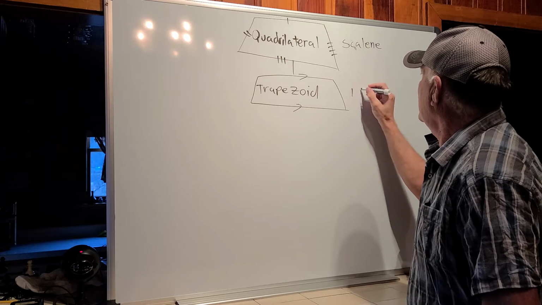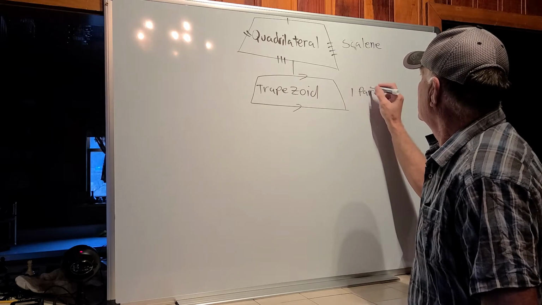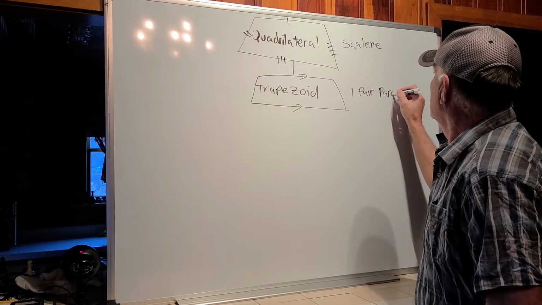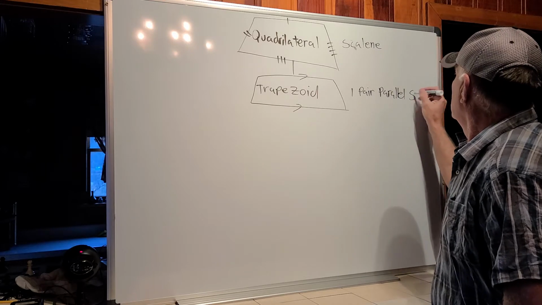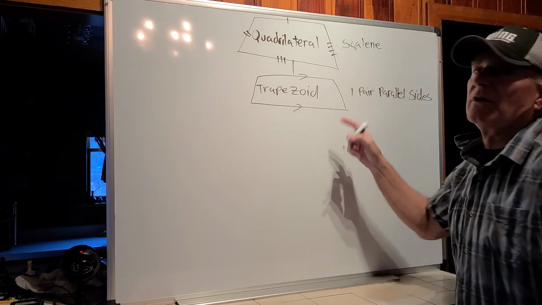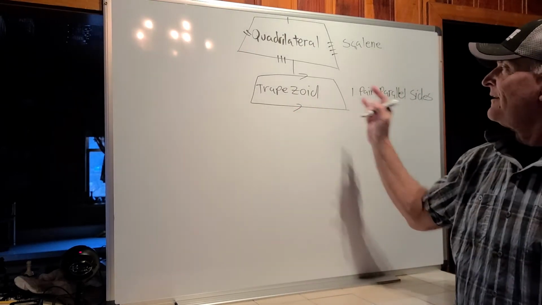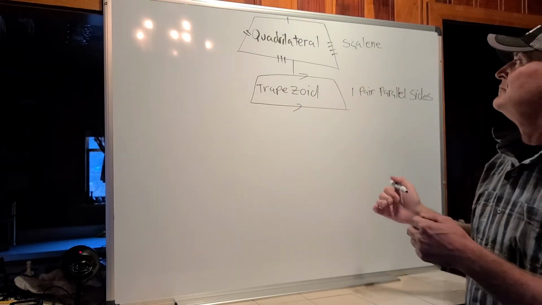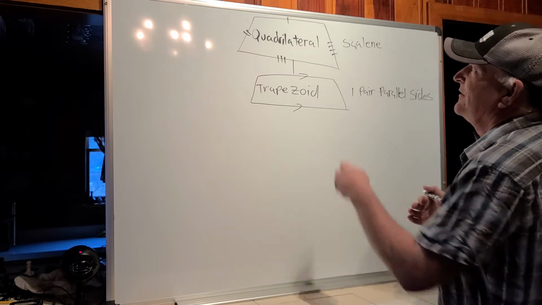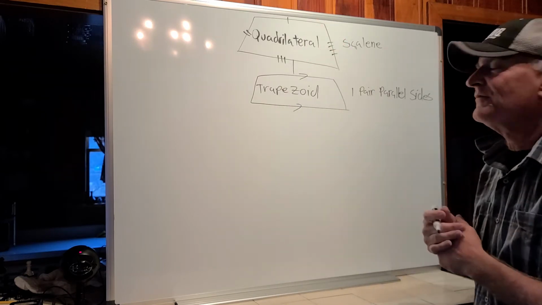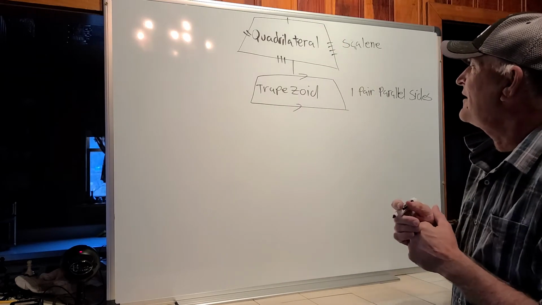So trapezoid has one pair of parallel sides. That's our first, more complicated than just a regular quadrilateral four-sided figure. We have one pair of parallel sides.